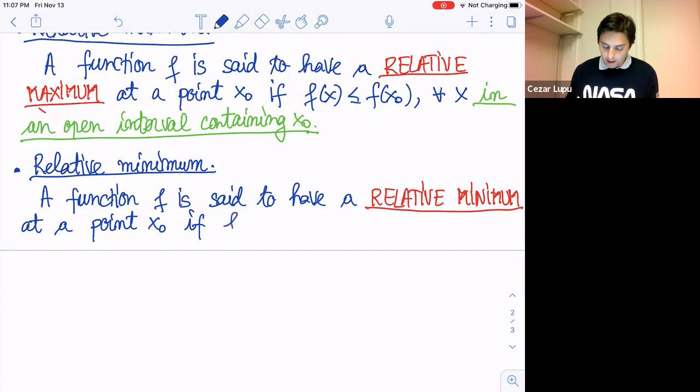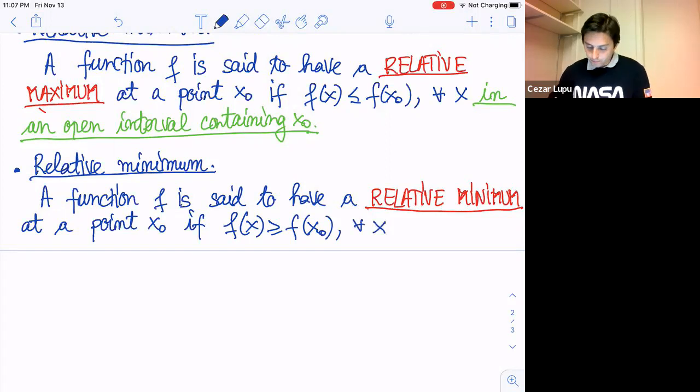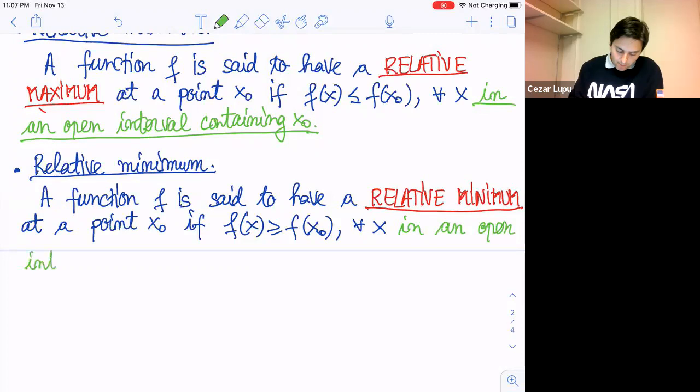So f of x is greater or equal than f of x naught for all x, and again, the same thing, in an open interval containing x naught.